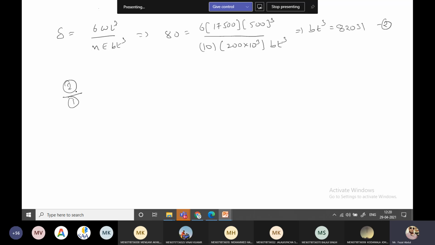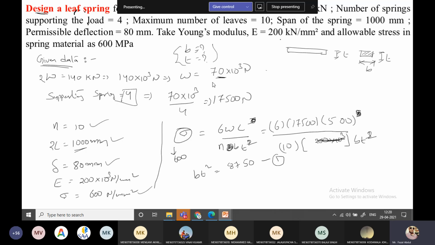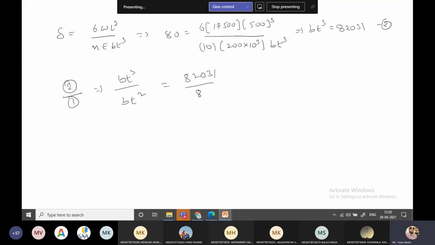Now divide the second equation by the first, that is BT cube by BT square, which is 82031 by 8750. So B gets cancelled, and only T is left from the T square. Tell me the T value.